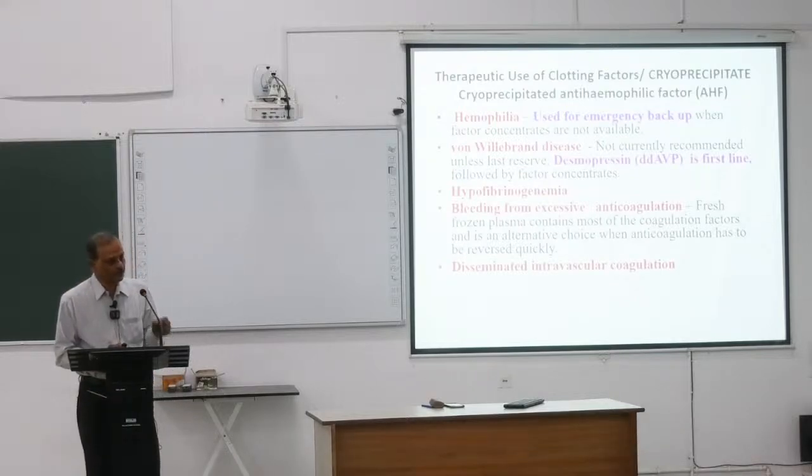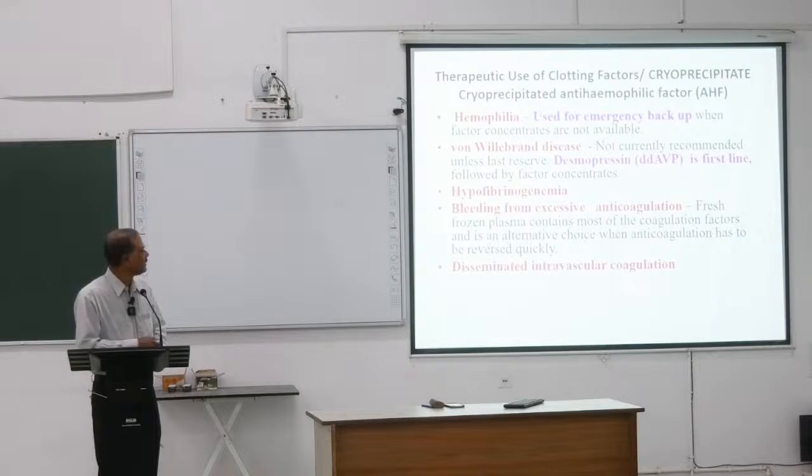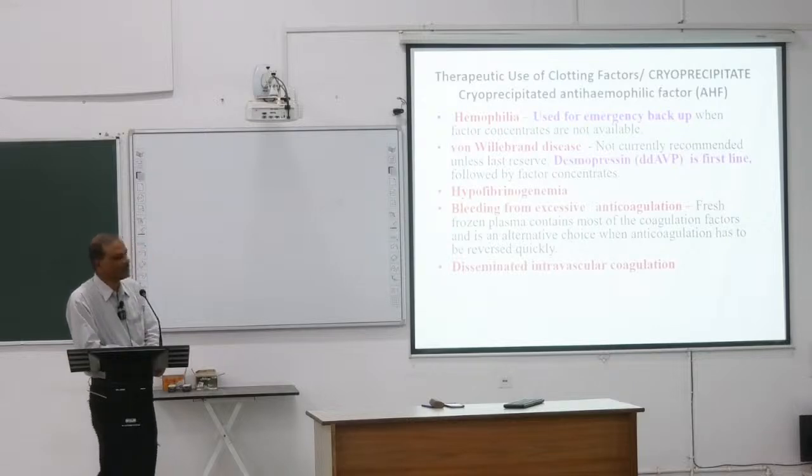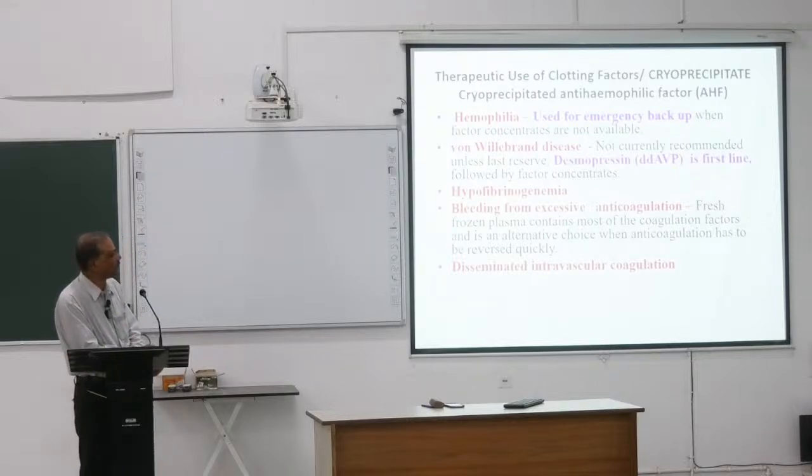I am even a victim of it, I must blame my cardiologist. They over-treated me, and I was supposed to have a bleeding. Somehow I stopped it. I had a bad, worse experience with these anticoagulants. So bleeding from excessive anticoagulation requires immediate control of the bleeding by cryoprecipitate.